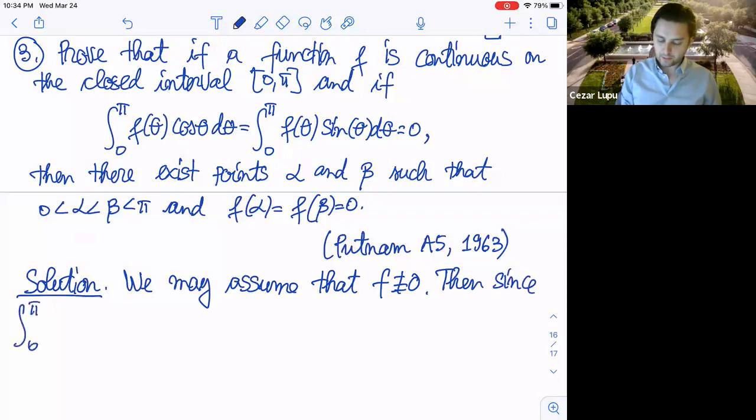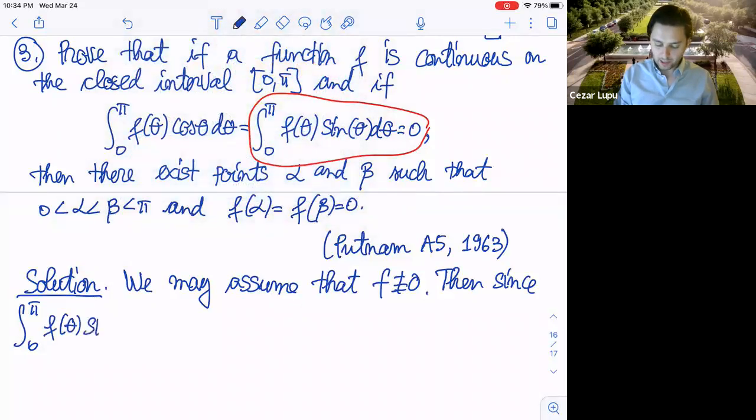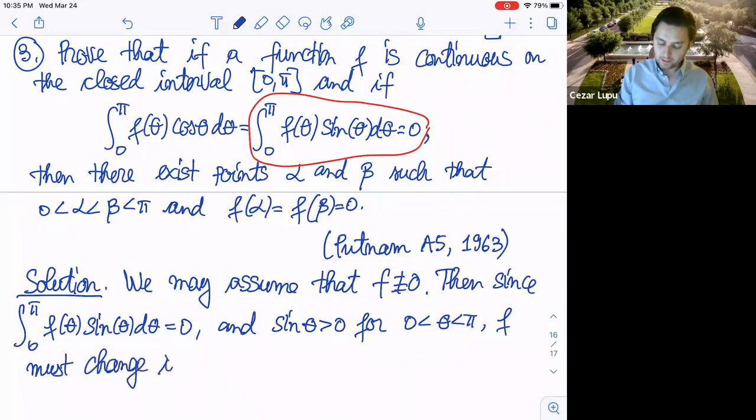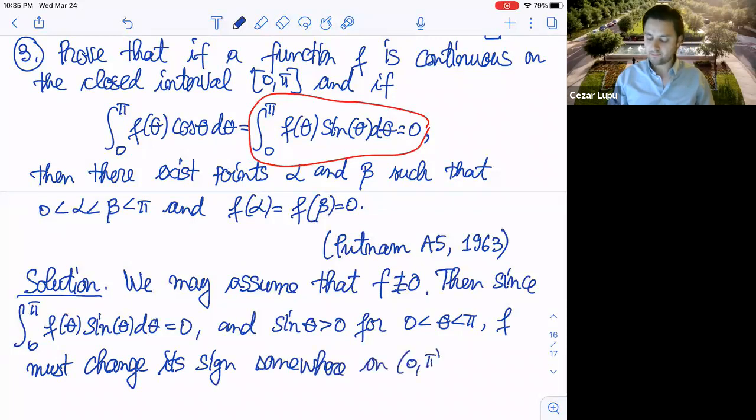Since we know that the integral from 0 to pi of f of theta sine of theta d theta is 0, and we also know that the sine of theta is positive for theta between 0 and pi, then f must change its sign somewhere on the interval 0 pi. It must happen this.